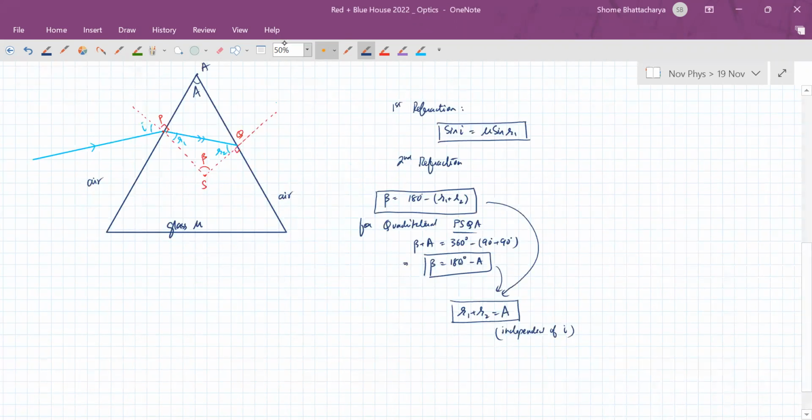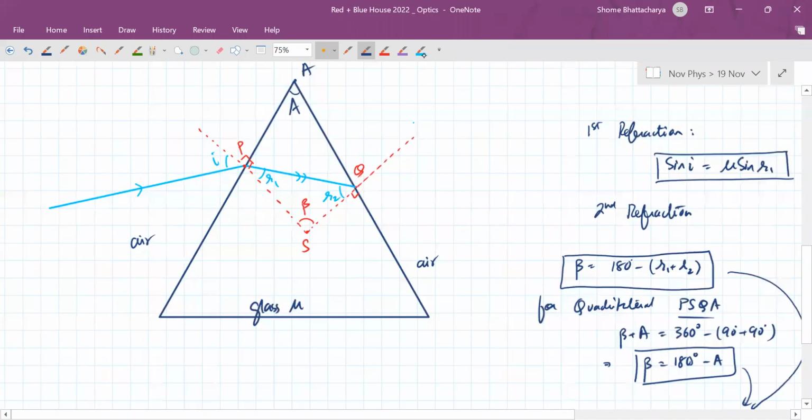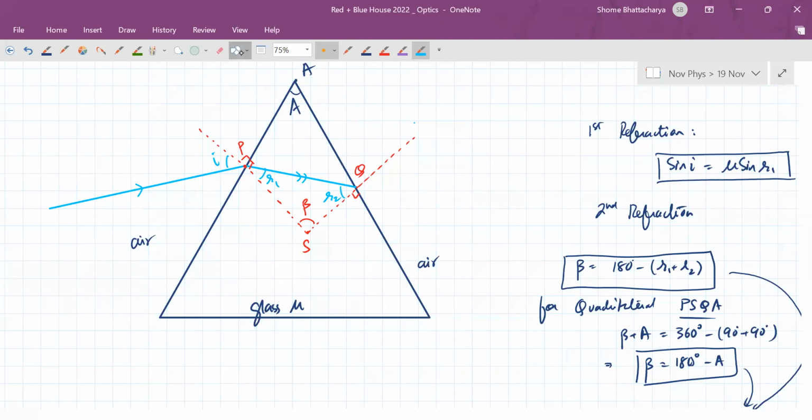Okay, so now coming back to this. Further, when I look at the second refraction, the angle of refraction is what we call the angle of emergence. So this is bending away from the normal. So this becomes the angle of emergence. And for the second refraction, we have the relation mu sine R2 is equal to sine E.